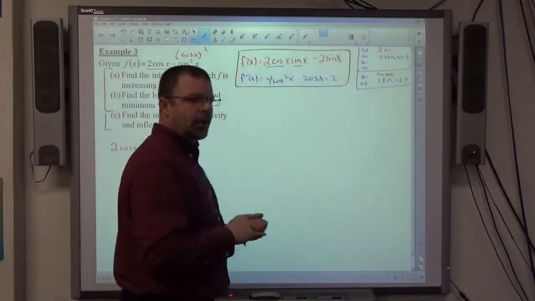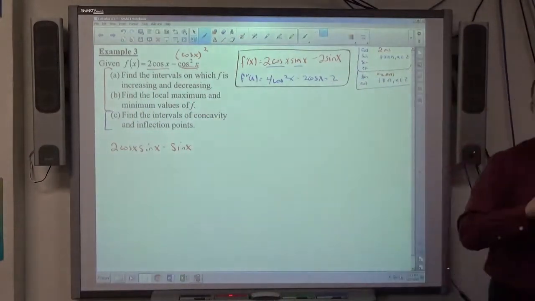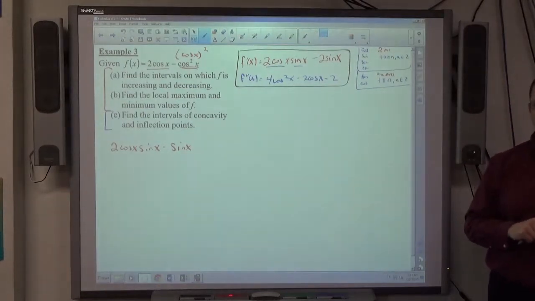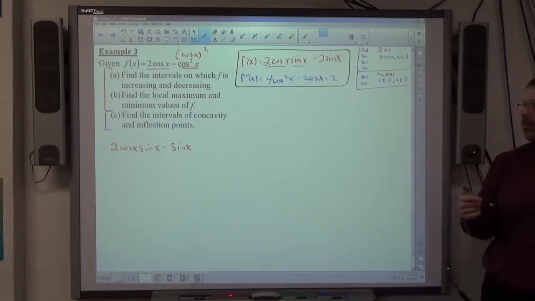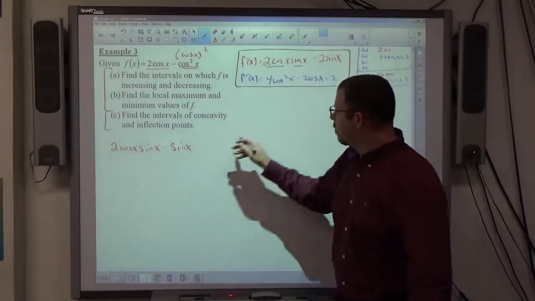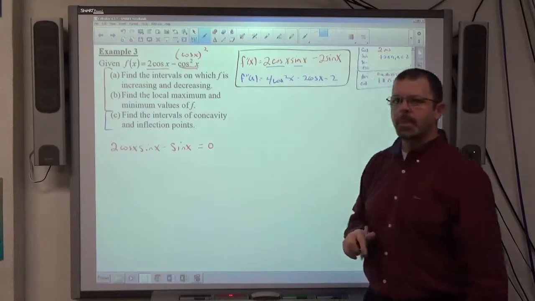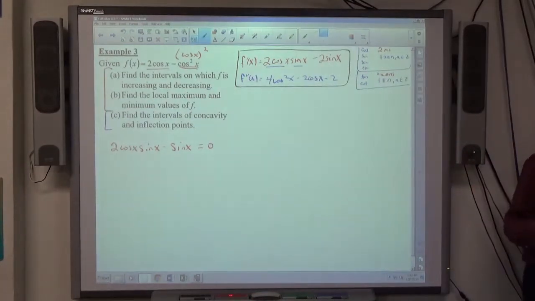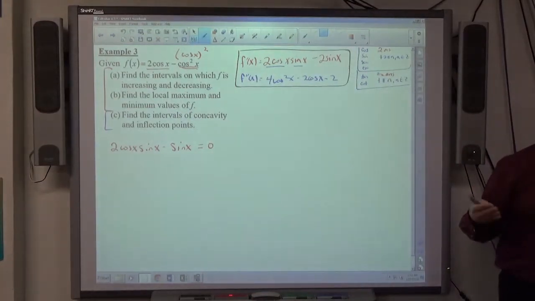The 3 criteria are equals 0, undefined, and endpoints. Sine and cosine aren't undefined. There are no endpoints. So the only thing we have to concern ourselves with is the first derivative should be equal to 0. If it was a secant, a cosecant, a tangent, or a cotangent, those are undefined occasionally, right?